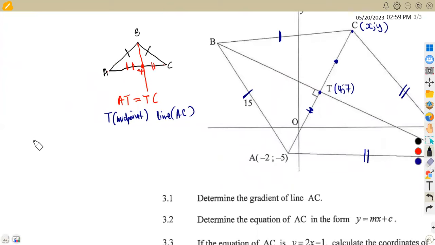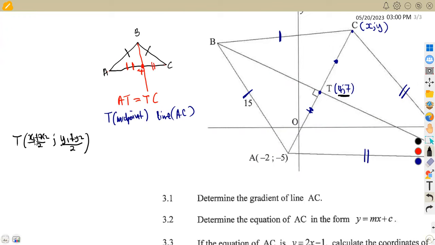So it means that T was simply taken from x1 plus x2 over 2, and y1 plus y2 over 2. This is how you calculate the midpoint. So this part corresponds with our point T, where we have got 4 and 7.